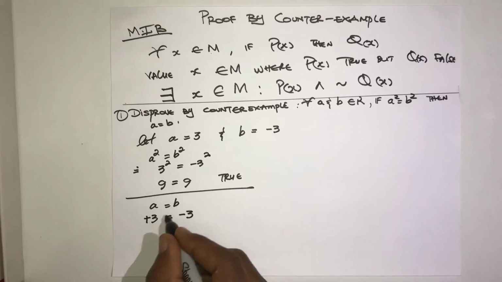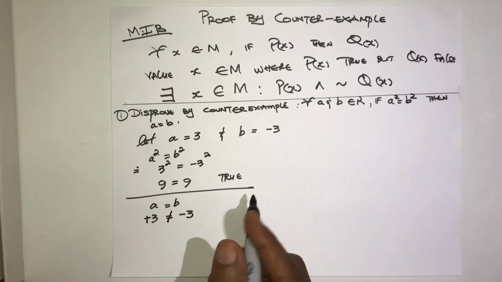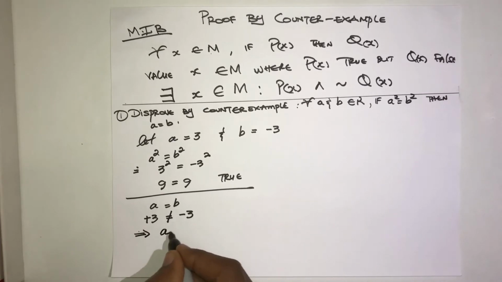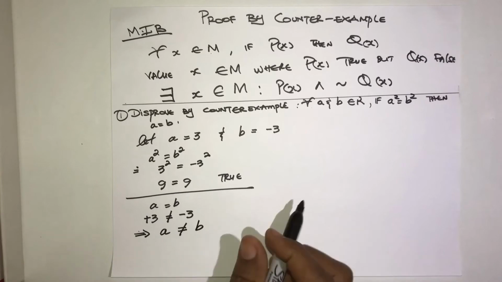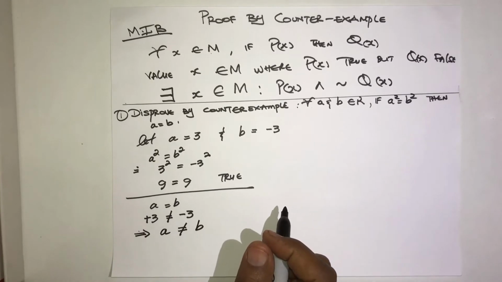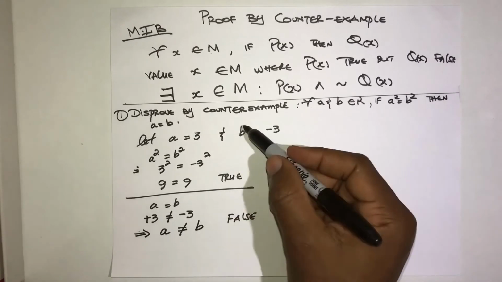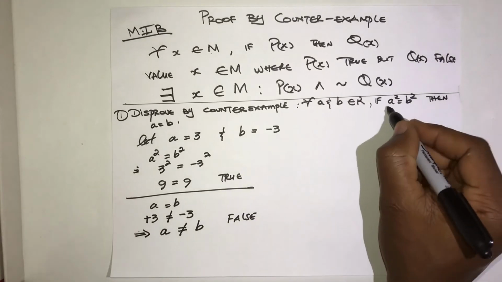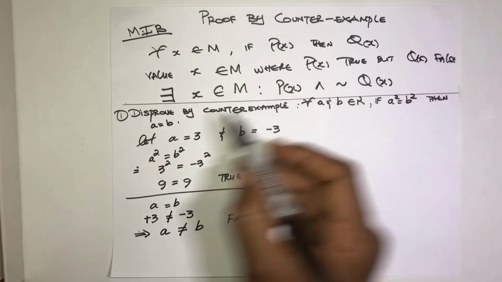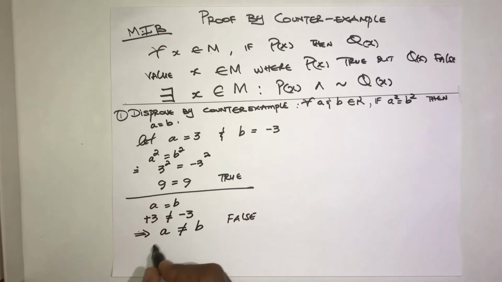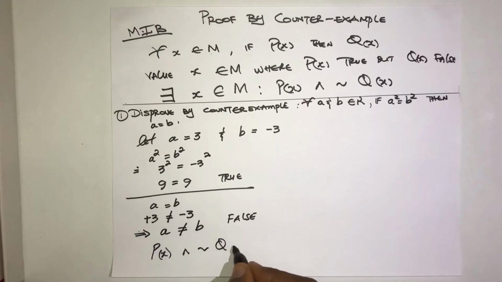So 3 is definitely not equal to minus 3, which implies that a is not equal to b, which is false. So in this case, we have proven that the first statement is true, however, the latter is not. So we have proven that P of x is true, however, Q of x is not.